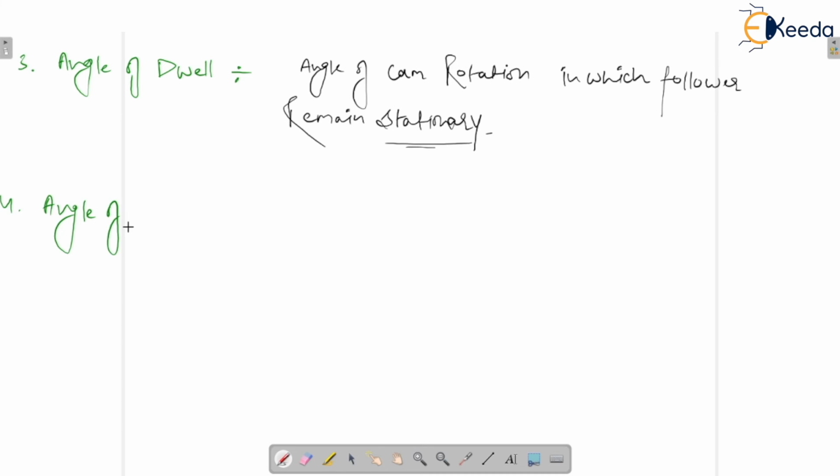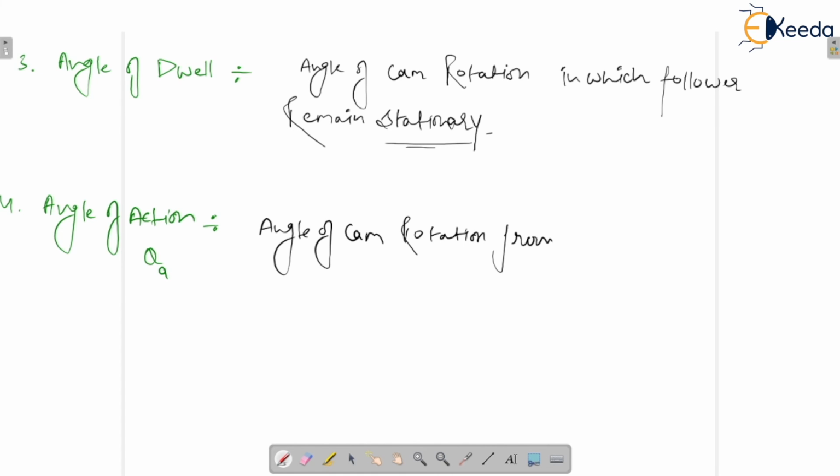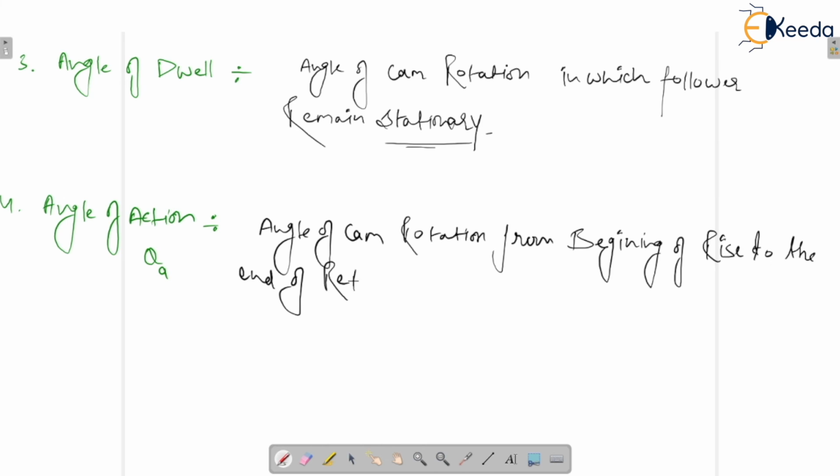This is the total angle, and it is represented by theta A. It is the angle of cam rotation from the beginning of rise of the follower to the end of return stroke of the follower.